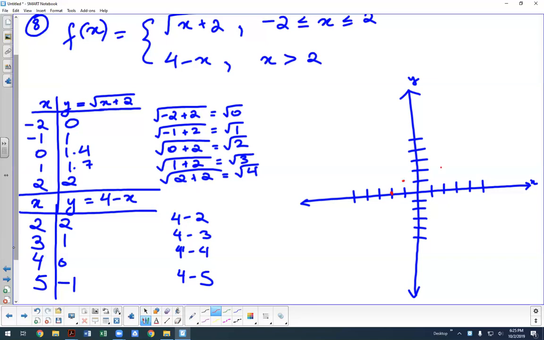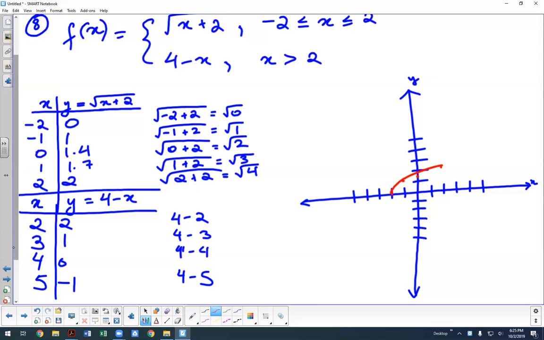And then 2 and 2. And you've got approximations with 1.4 and about 1.7. I'm a little off on that.